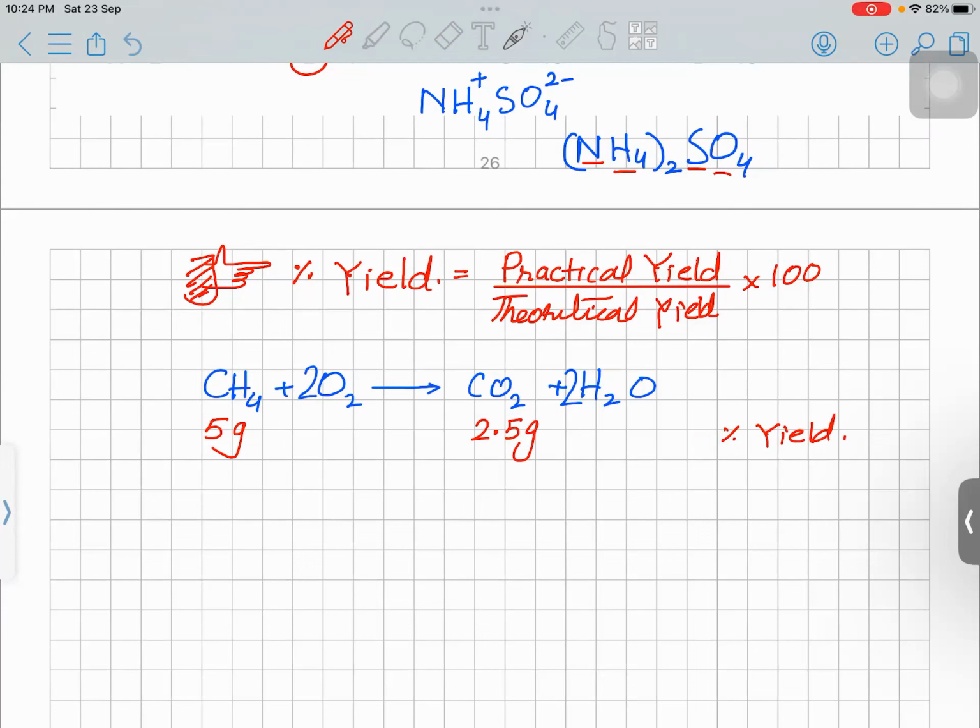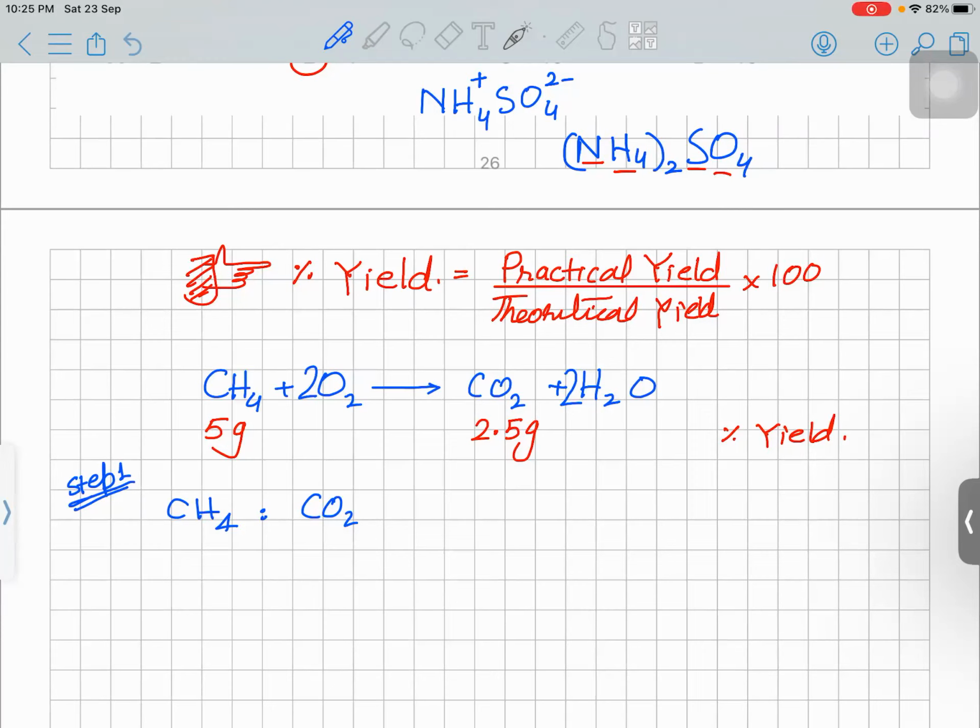Now step number 1. Write here CH4. Sir, what was yield? Yield means how much product is formed. अगर किसी चीज को बनाने में ज्यादा पैसे लग रहे हैं और कम बन रहा है तो हम कहेंगे परसेंटेज यील्ड इज वेरी लो.